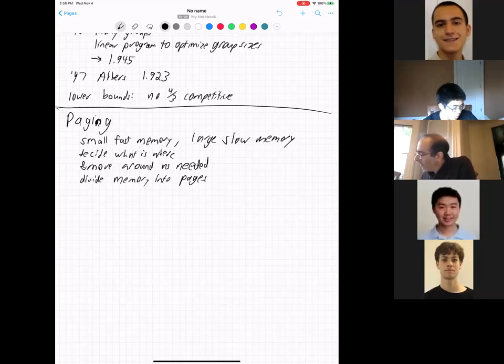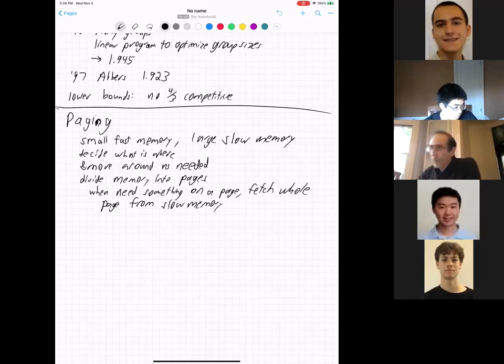And when you need something on a page, you fetch the whole thing from the slow memory, because these slow memories tend to have terrible latencies, but decent throughputs. So if you're going to get one thing, you might as well get 1,000.